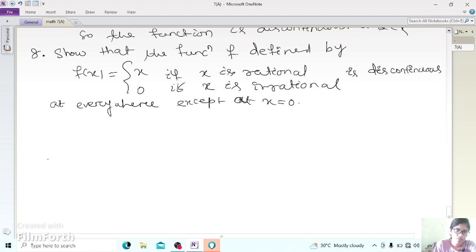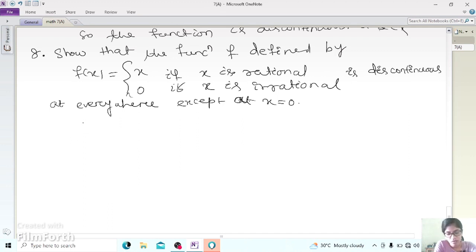Similarly, as we solved number 5, we will solve it, because around any irrational there are rationals and around any rational there are irrationals. That means we may not conclude whether the function takes the value x or 0. The limit value does not exist, so the function is discontinuous.